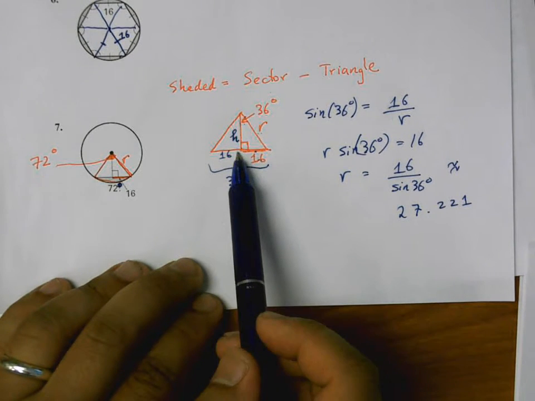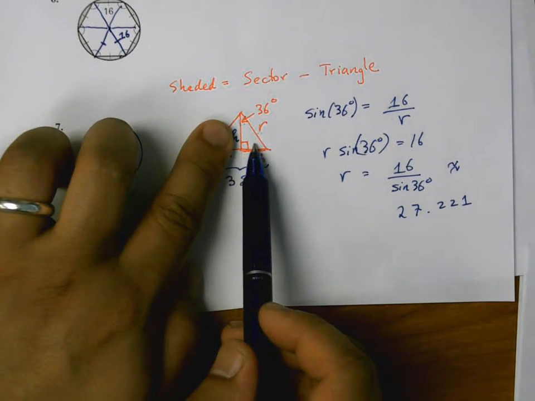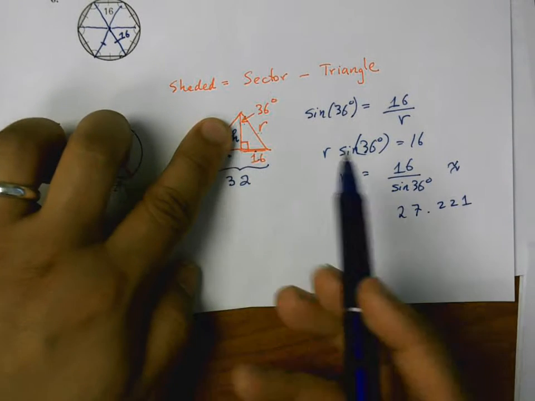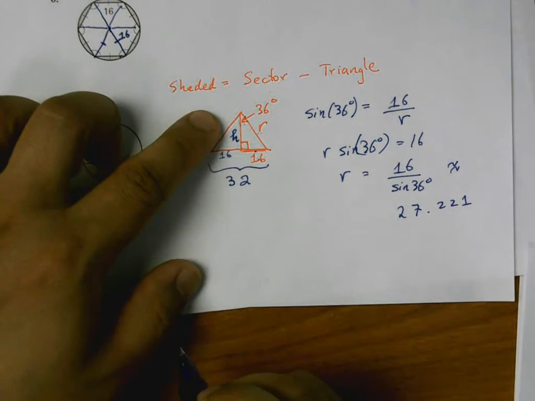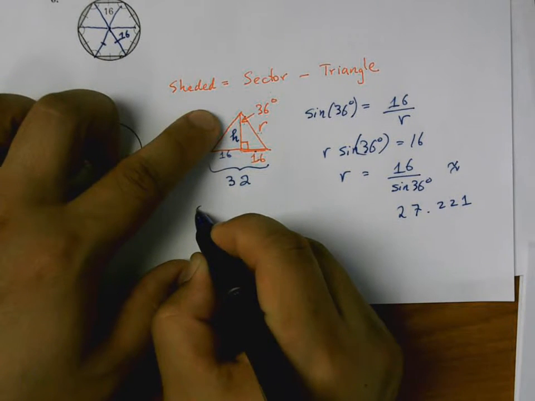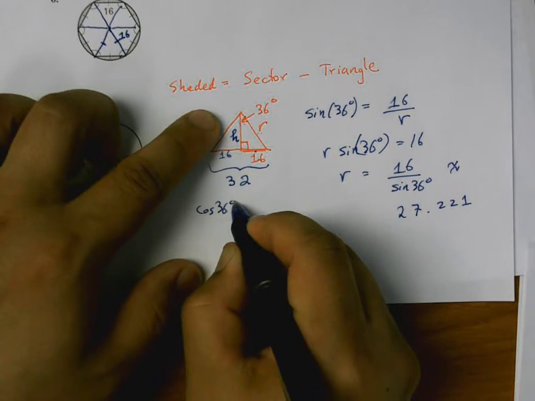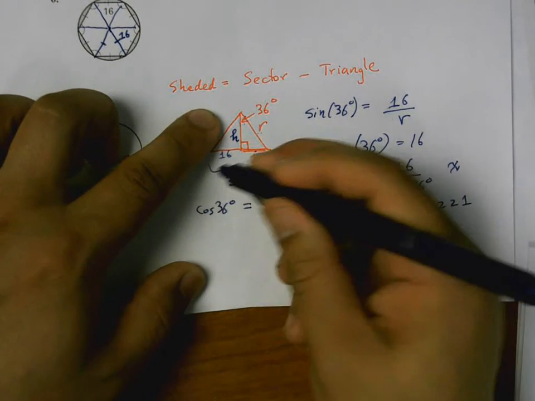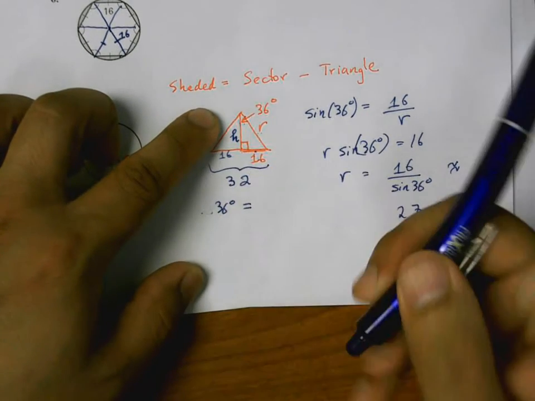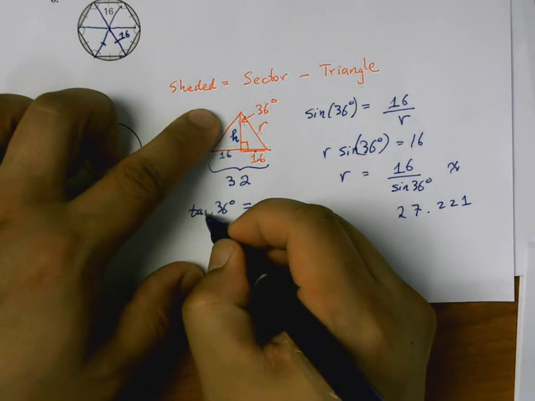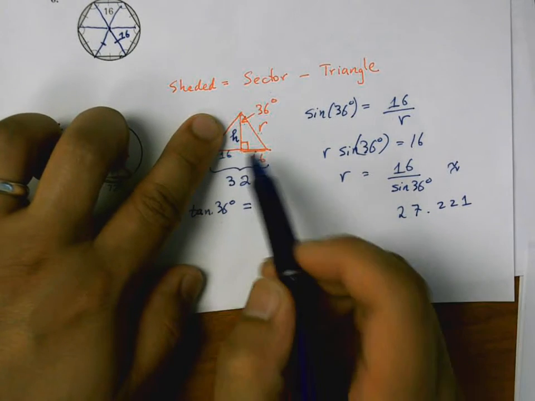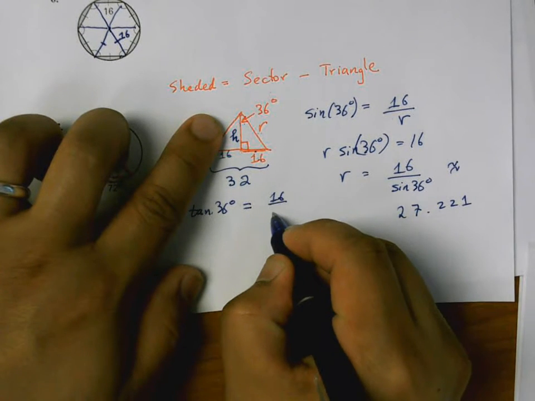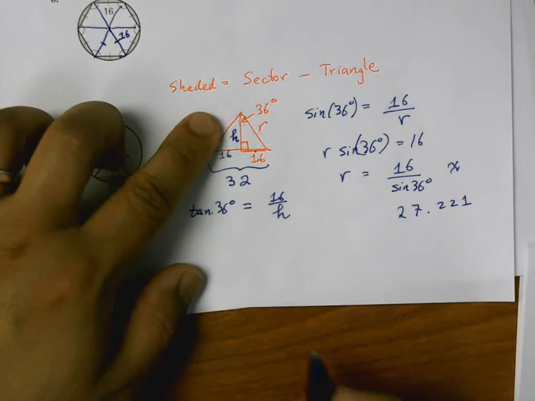So the height of the triangle, and I'm looking at just this one right triangle, this height is equal to, so let's see, the cosine of 36 degrees is equal to, actually I'm sorry, I don't want to use cosine, I want to use tangent. Okay, so the tangent of 36 degrees here is equal to the opposite, which is 16, divided by h.